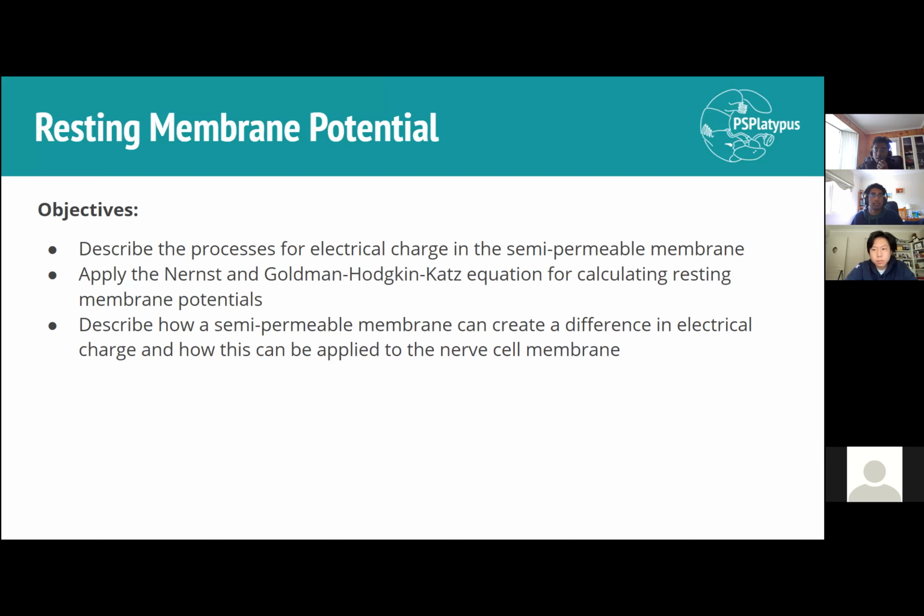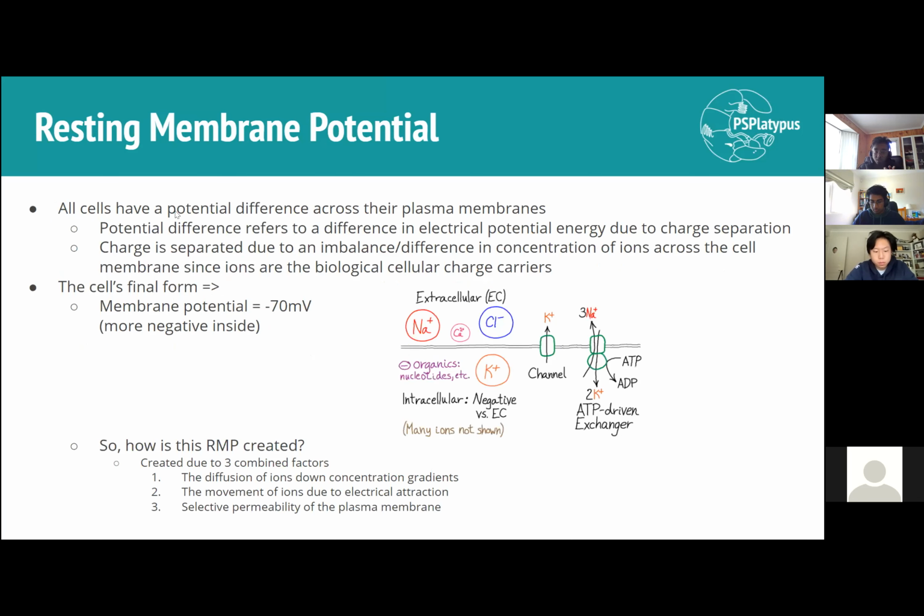Essentially, all cells have a potential difference across their plasma membrane, not just nerve cells. The reason they have that is because they have varying concentrations of charges across the intracellular space and the extracellular space. So we have an imbalance of concentration of ions.